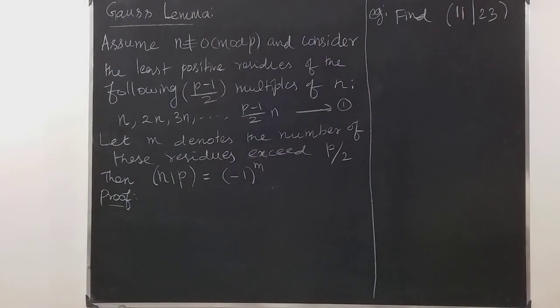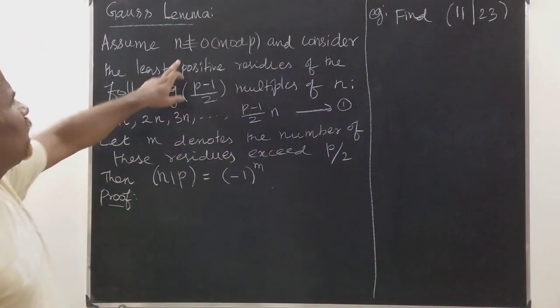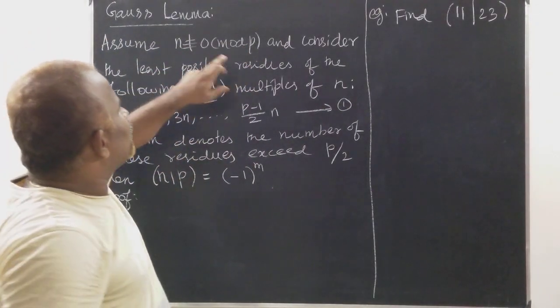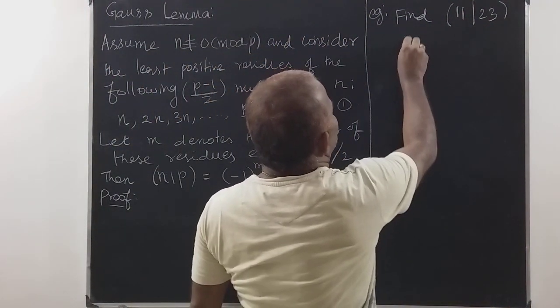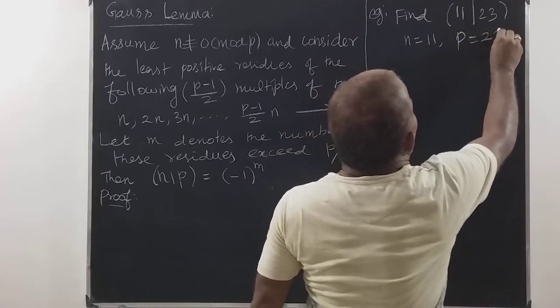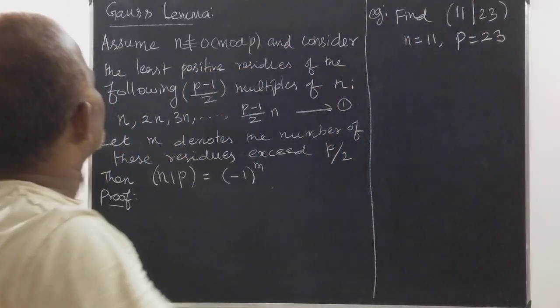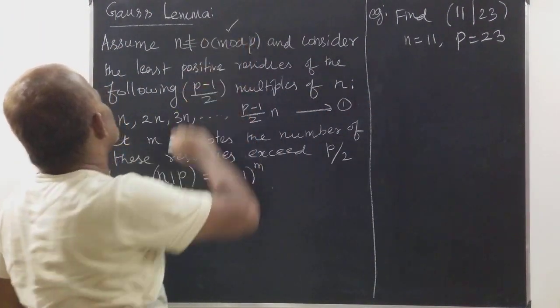So here n is not congruent to 0 mod p, that means p does not divide n. Here n is equal to 11, p is equal to 23. Definitely p does not divide n. Okay, good.